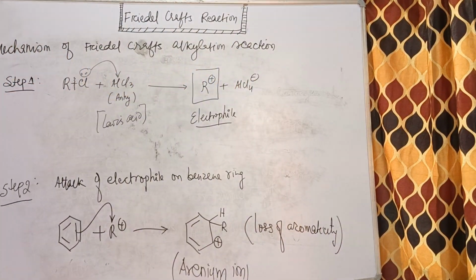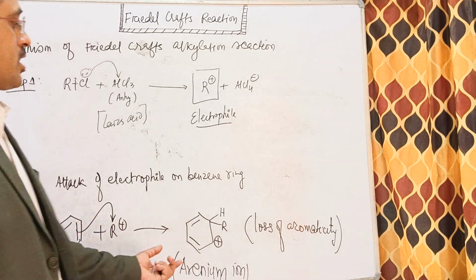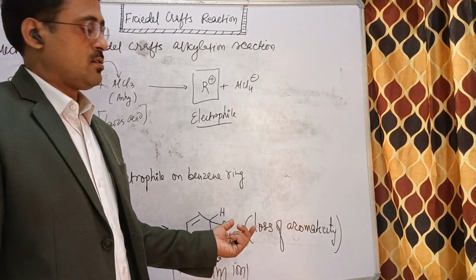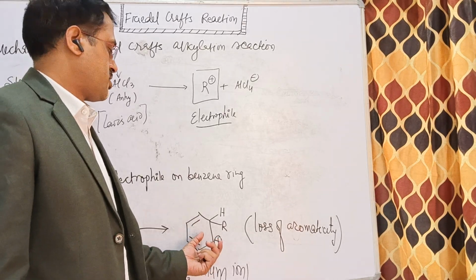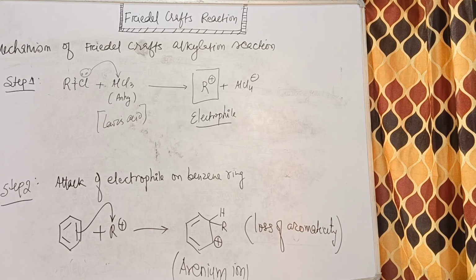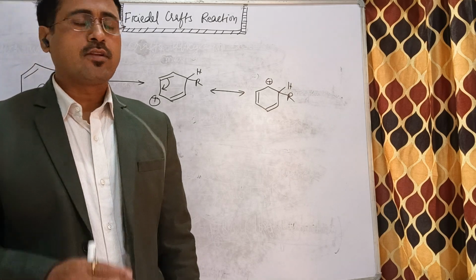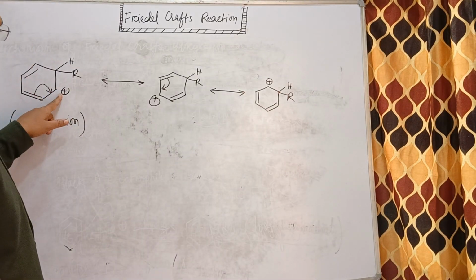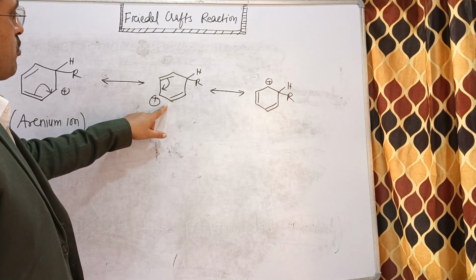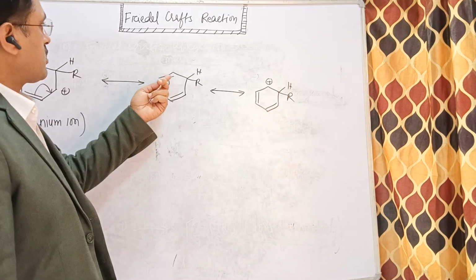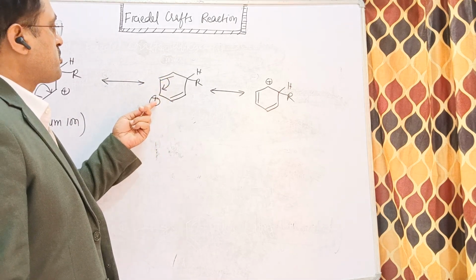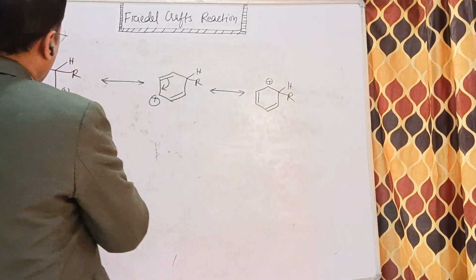And this arenium ion is resonance stabilized. The carbocation generated is 2 degree and is resonance stabilized, and forms another 2 degree carbocation. Further, the pi electron also resonates with this positive charge and gives this arenium ion.